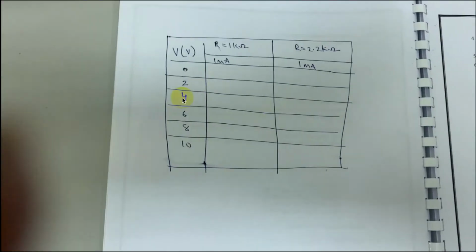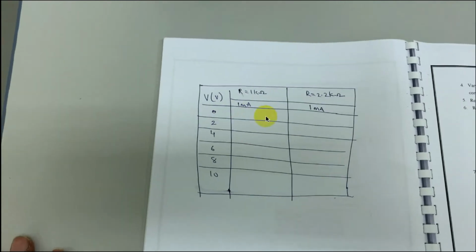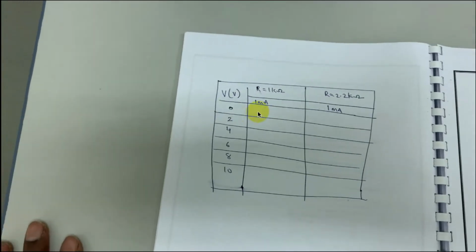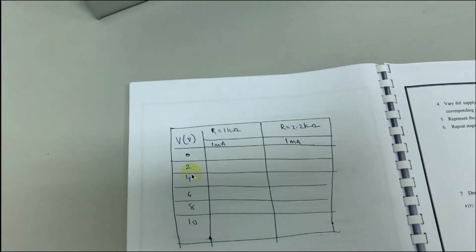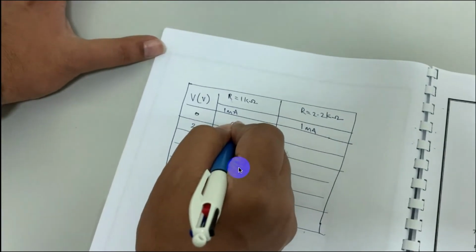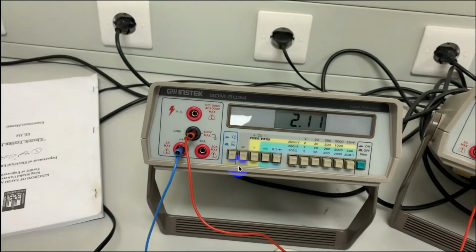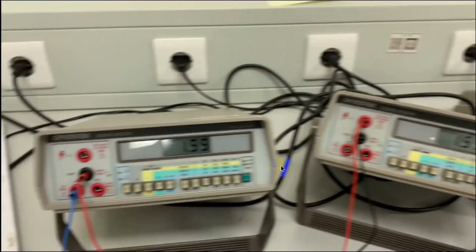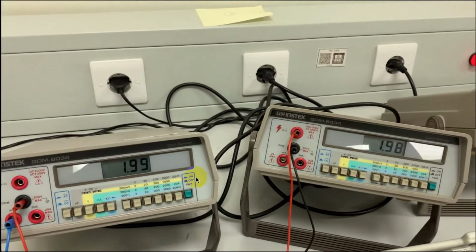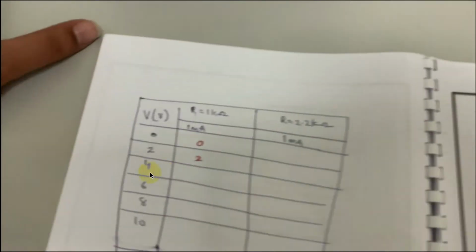Just let me make the tabular form. R equal to 1 kilo ohm. At 0, that means there is no voltage, there is no current, it is 0. Let us make the voltage exactly 1.98. That means for 2 it is 2, for 4 it is 4, for 6 it is 6.